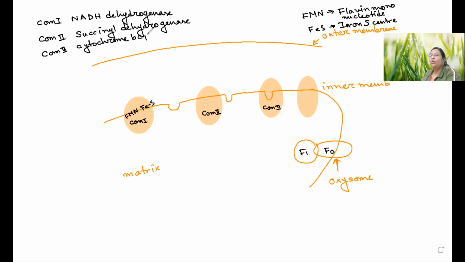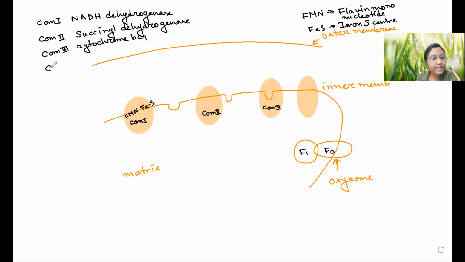So you need to know what do we mean by cytochrome. Cytochromes are metalloproteins, and there are various types of cytochromes involved in electron transport of photosynthesis as well as here. So this is having B and C1 cytochrome. So complex 3 is made up of B, C1.